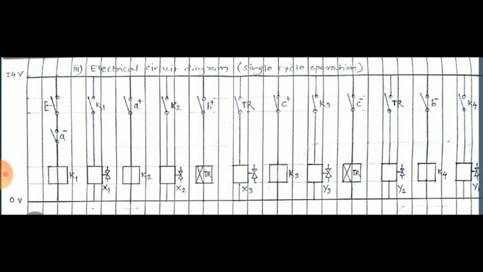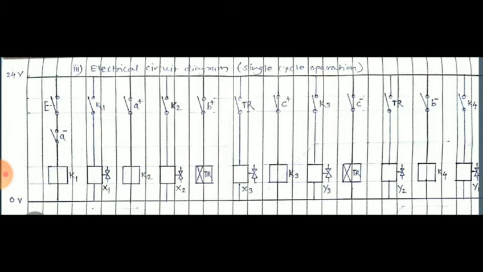So you can see the electrical circuit diagram for single cycle operation. When you press the push button, or when the cylinder rod end is at A minus, it will switch on the A minus switch, which will activate the relay coil K1.